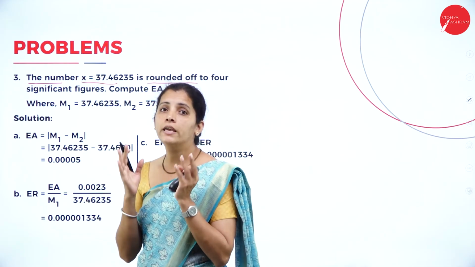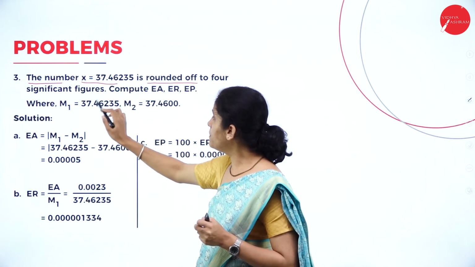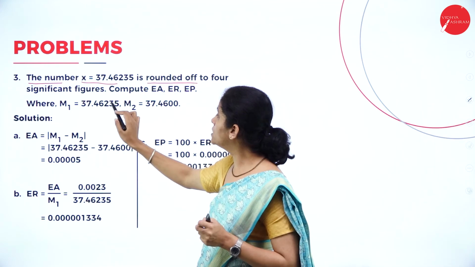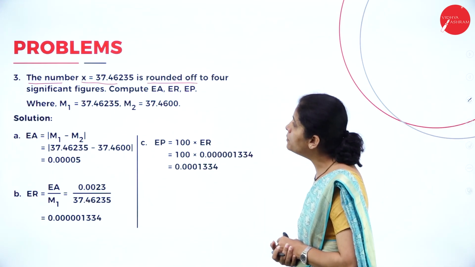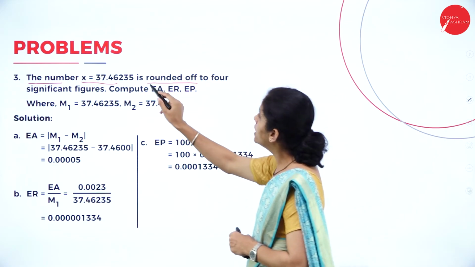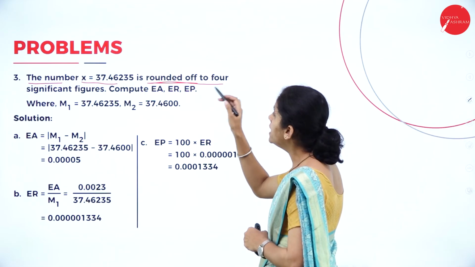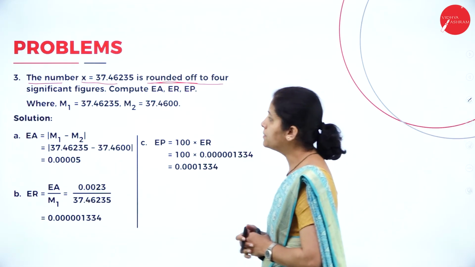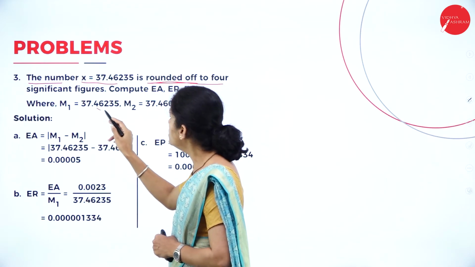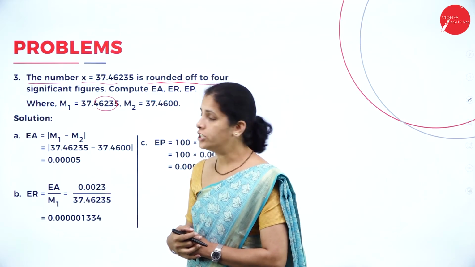That is my given M1, 37.46235. Then what about M2? In the question they have mentioned rounded off to 4 significant figures. That means I want to round this number to 4 significant digits.